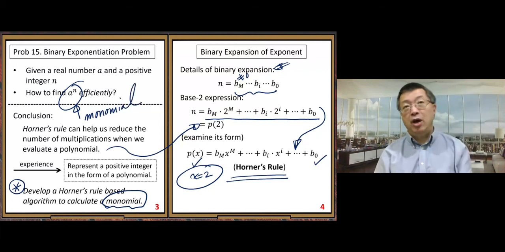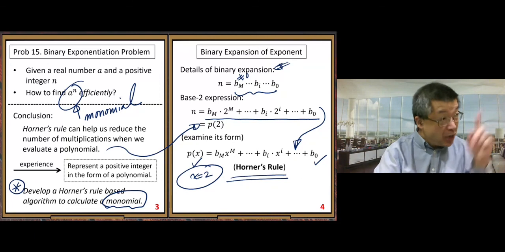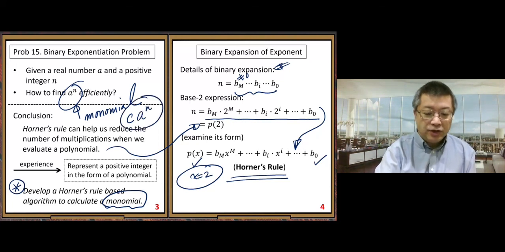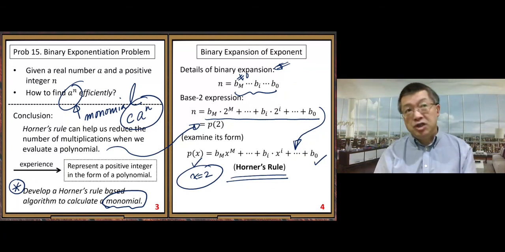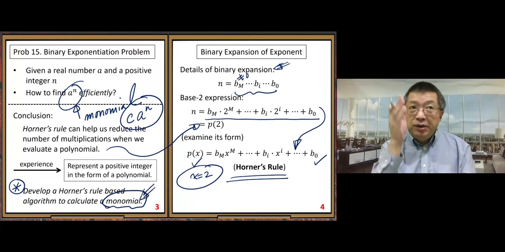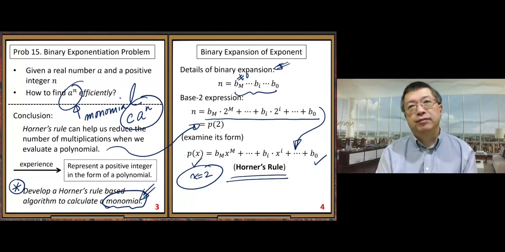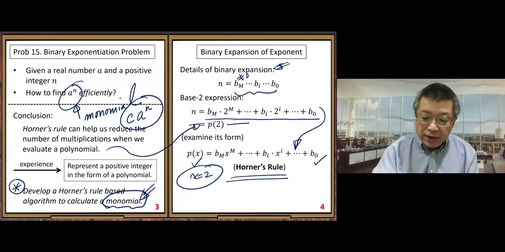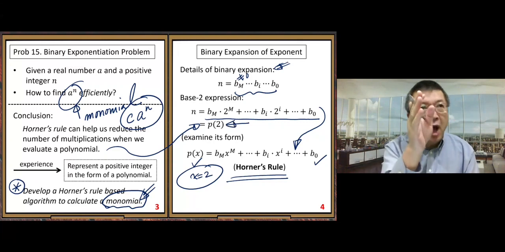One term, monomial. Actually, the general monomial form is like this: there is a constant coefficient c times a to the n. This is the general monomial. But our c in our special case is just 1. So we want to calculate a monomial, not a polynomial. But the exponent number will be represented in this special polynomial form.